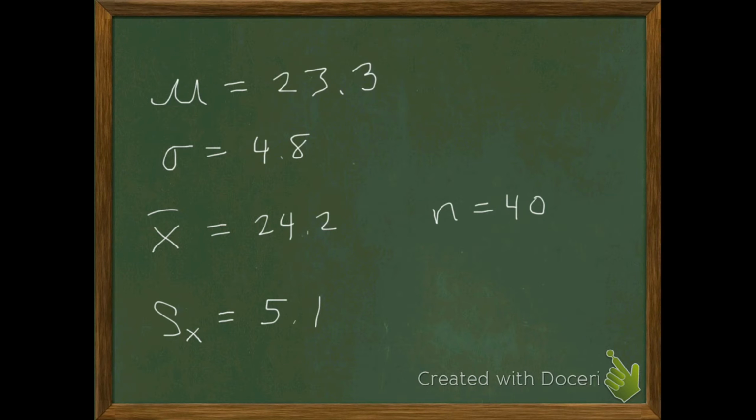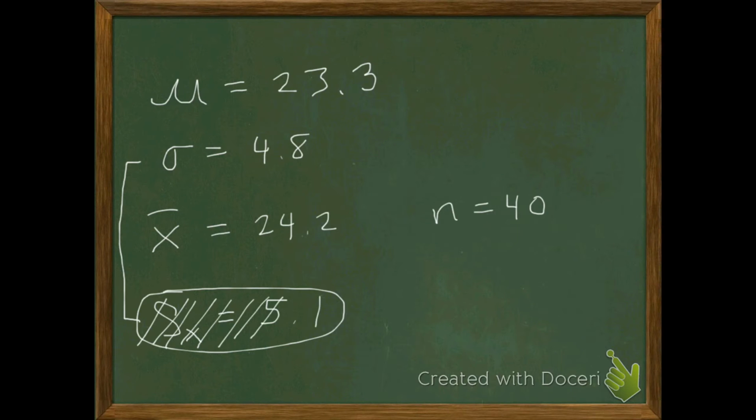Now in this situation we have a problem where we're given both standard deviations, and guys, as I've pointed out in class numerous times, if we have both of these, sigma will trump the standard deviation from the sample.